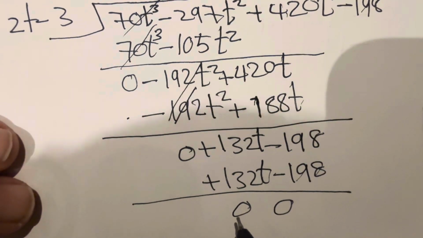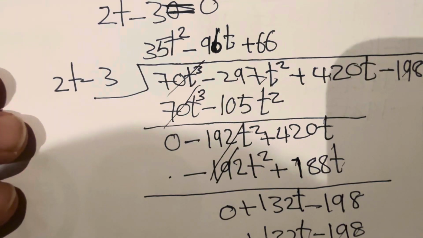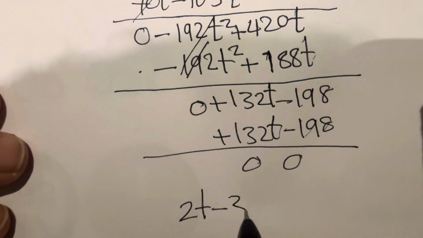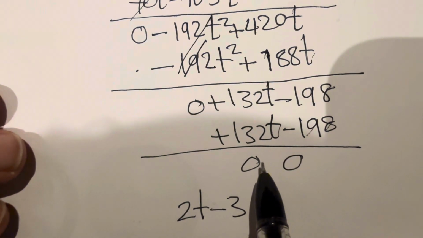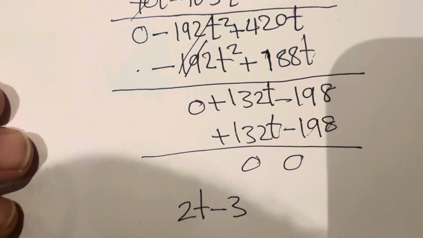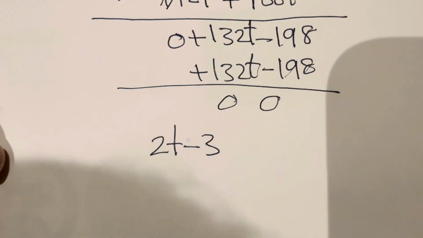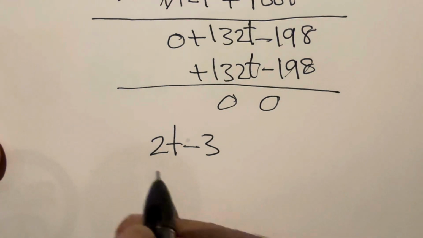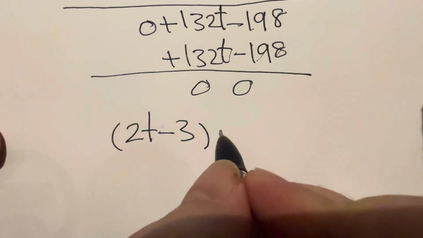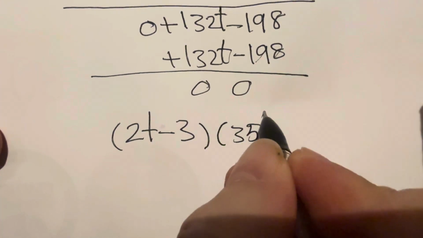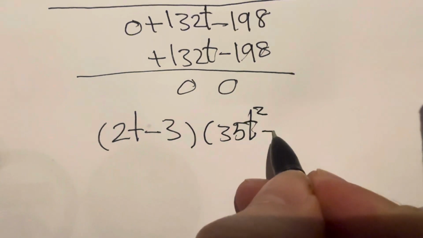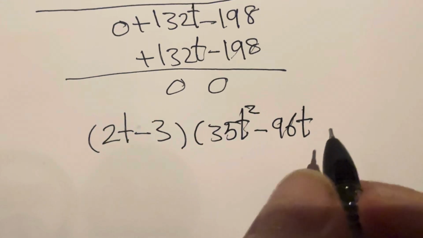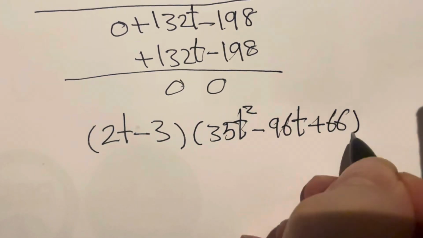Therefore 2t minus 3 is one of the roots because everything cancelled out at the end of the synthetic division. So if we do this, then we get 35t squared minus 96t plus 66.